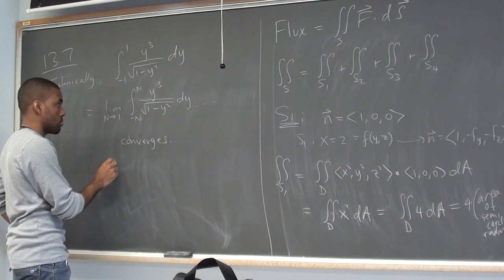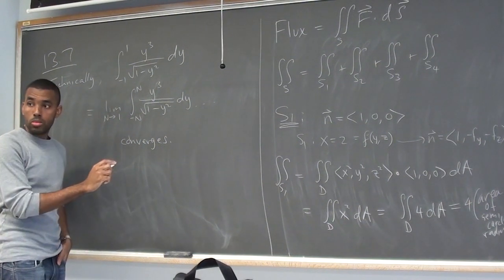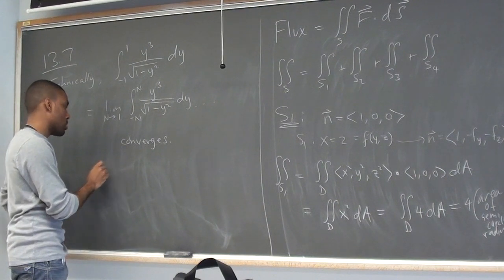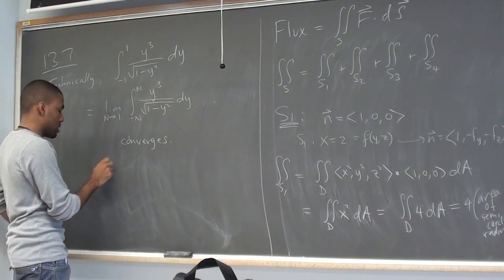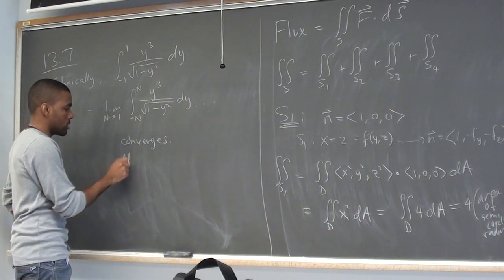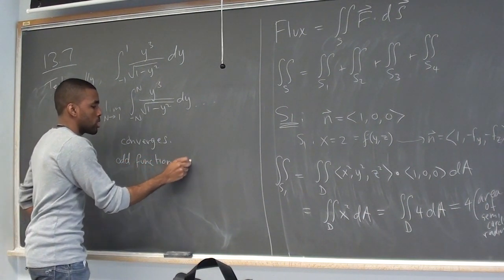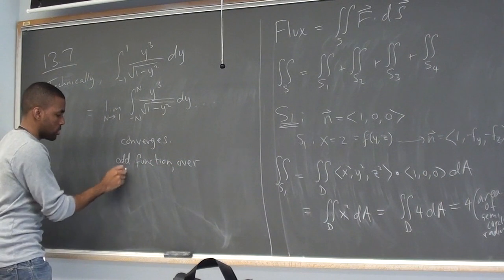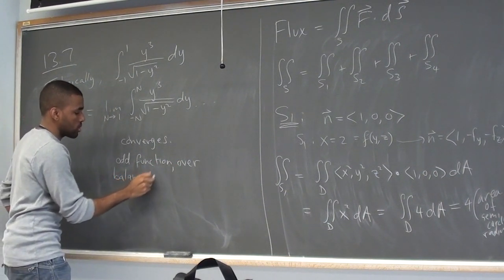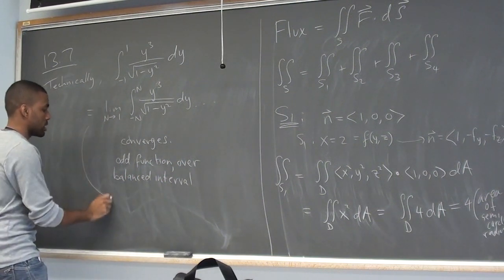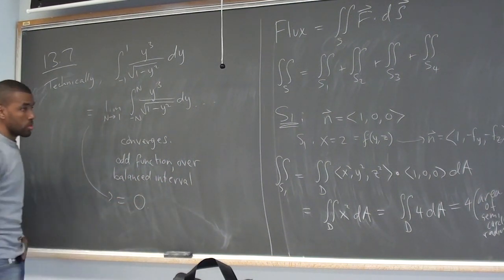Yeah. In the exam, do we have to prove that it converges? Yeah, it'll converge. Okay, I know it'll converge, but it converges, and so we have an odd function over a balanced interval, so this guy is equal to 0.